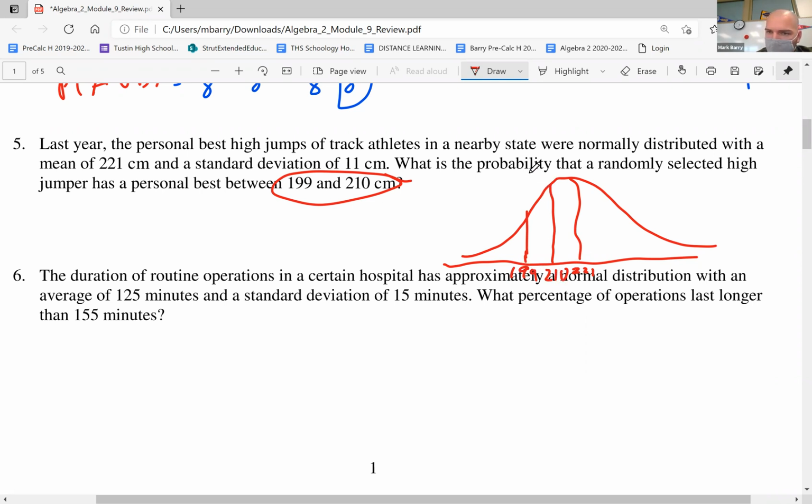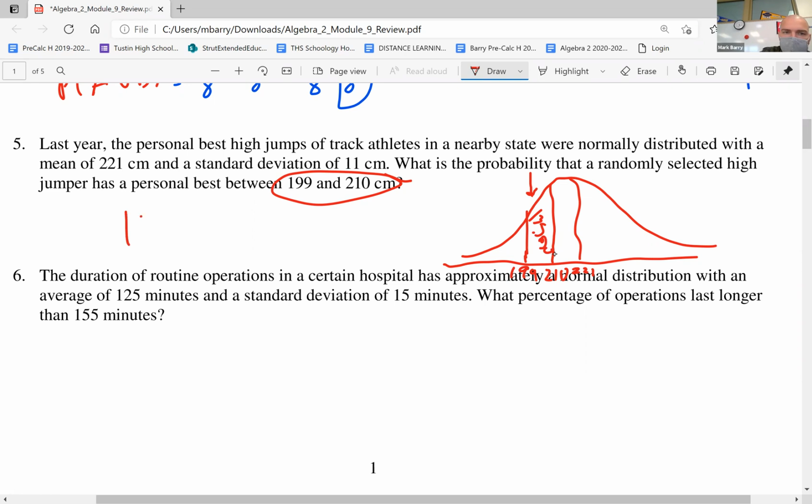So really the only region I care about is this region right here. I don't even care about this one. So then I would just look at my notes and see what percentage is that one right there. Where's my notes? Here it is. All right. And my notes say that that is 13.5%.